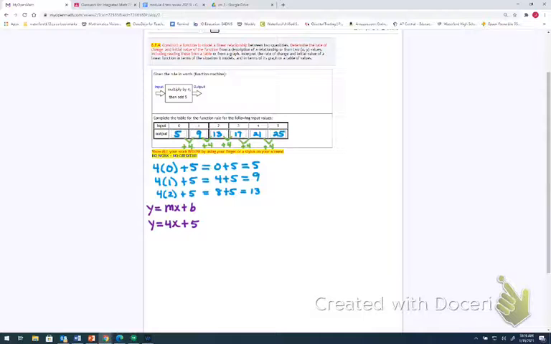Now, before you move on to number 3, make sure that you have all of the work in the work area, and then make sure that you typed in 5, 9, 13, 17, 21, and 25. You can pause the video if you need to.